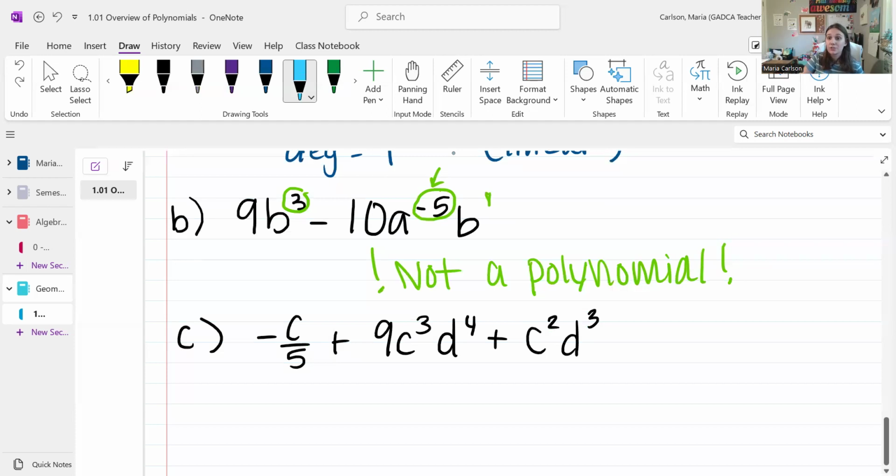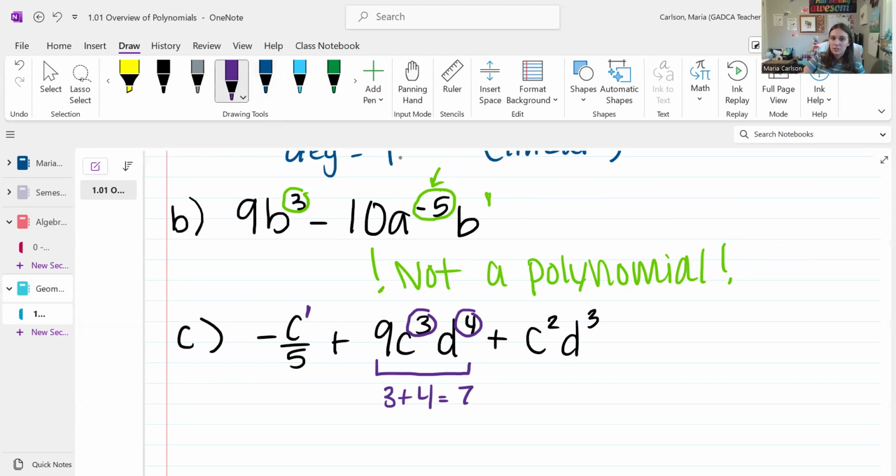And I notice that I have terms with multiple variables, right? The exponent on our first term is just a 1. On our second term, though, I have an exponent of 3 and an exponent of 4. So all together, the exponent of this entire term would be 3 plus 4, just using the product rule to add these together, and we get 7. And then looking at our next term, this term is c squared times d to the third power.